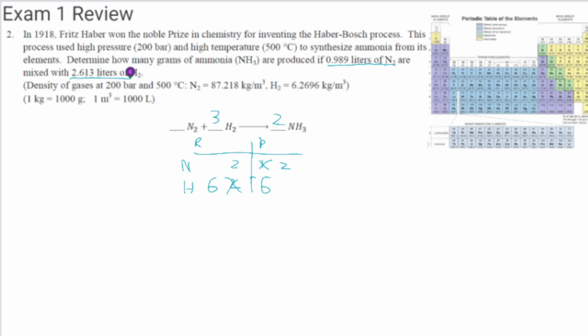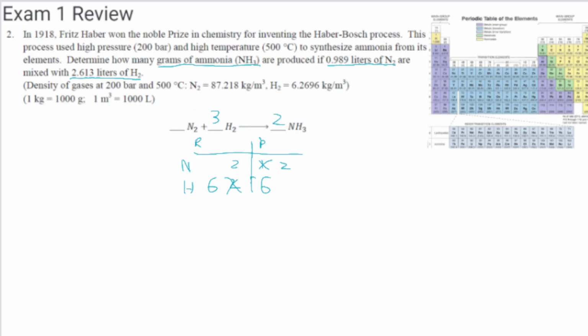So we have 2 reactants, 2 amounts for our reactants. When we're trying to figure out how much NH3 we have, we'll highlight the grams of ammonia, or grams of NH3. When we're trying to determine the amount of ammonia, we have all the information we need to do it for hydrogen, and we have all the information we need to do it for nitrogen.